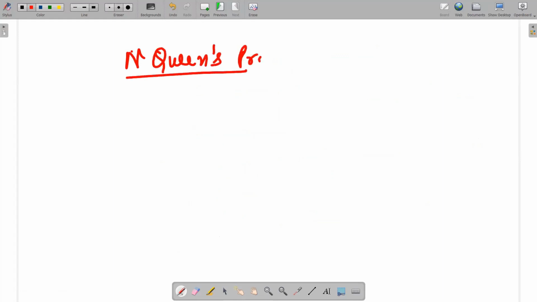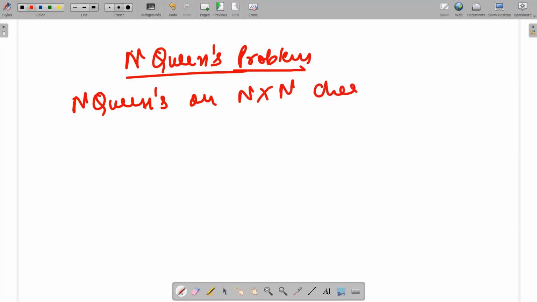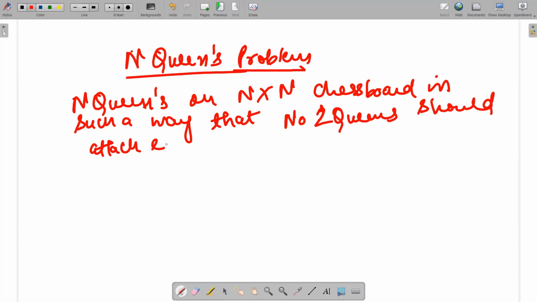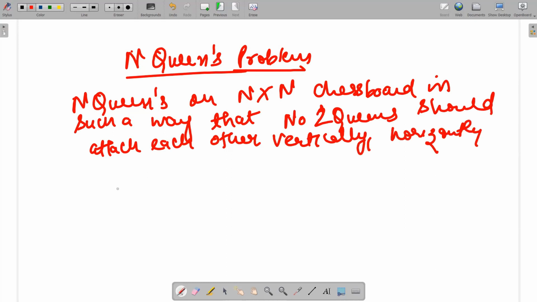The N queens problem is a problem in which we have to place N queens on an N by N chessboard in such a way that no two queens should attack each other vertically, horizontally, and diagonally. So this is what we have to do.